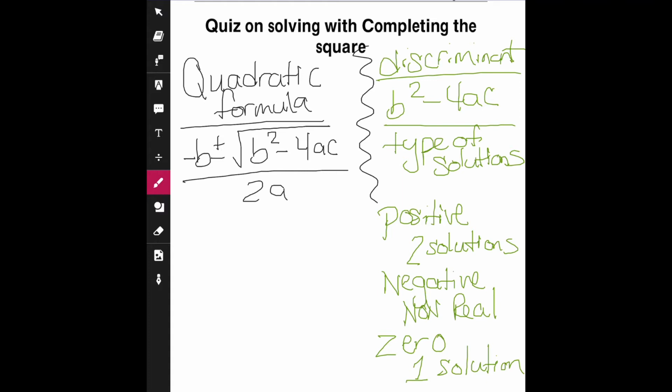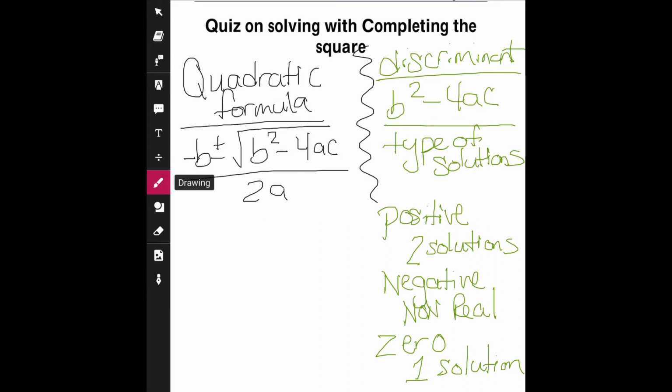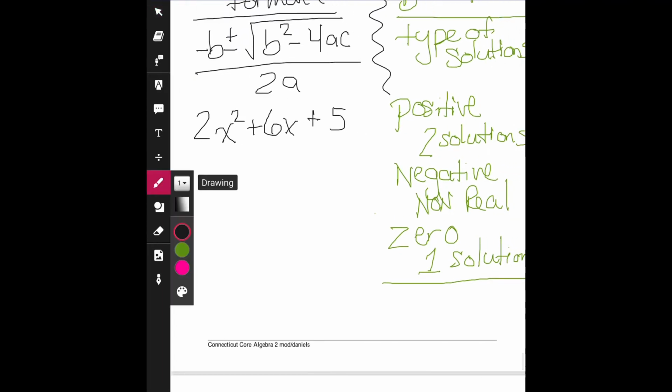So I'm just going to randomly pick a quadratic function. So if I use this equation, first thing I want to do is take my discriminant because I want to know what type of solutions I have. So say the question is asking you about the type of solutions.